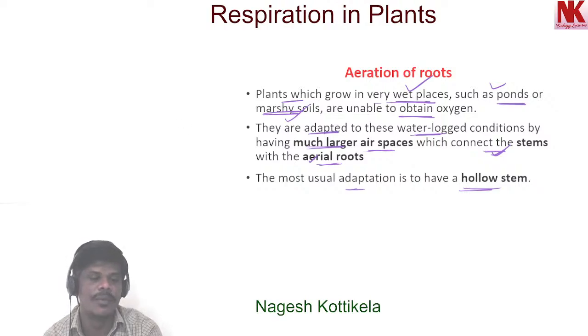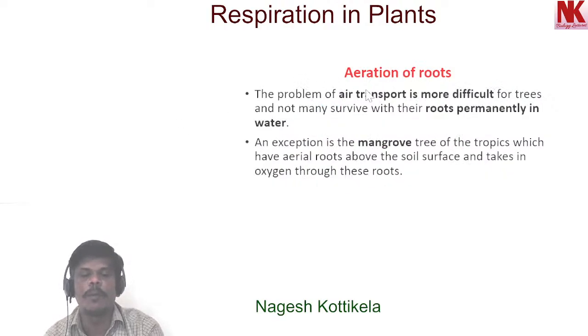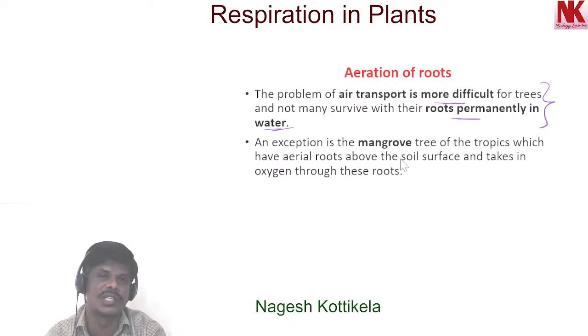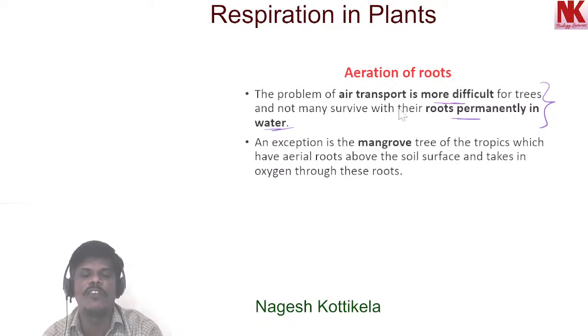Okay, now moving to the next. Here the problem of air transport is more difficult for trees, and not many survive with their roots permanently in water. If the roots of the trees are permanently in water, there will be a problem of air transport.